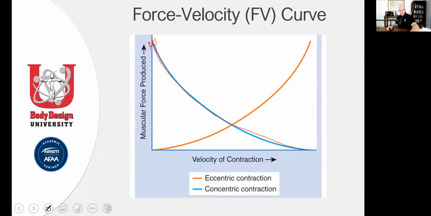And then as the force decreases, you're able to increase the velocity of the contraction. Your x-axis is speed, how fast the muscle can shorten, i.e. how fast the sarcomeres can shorten, versus how much force is being generated. So that's the concentric on the blue.